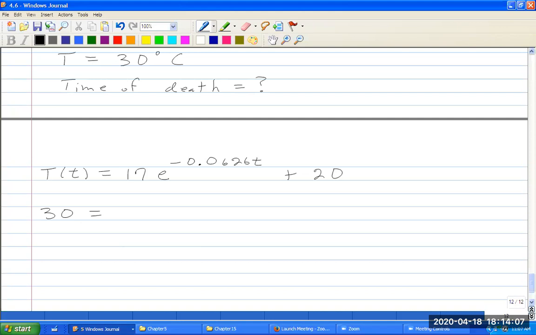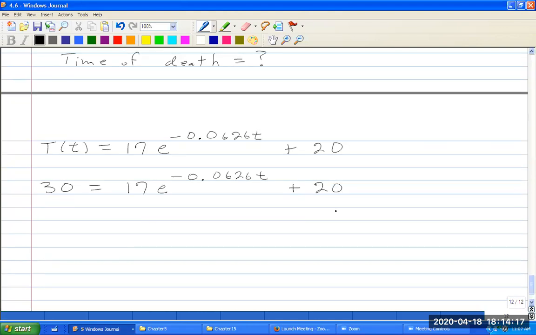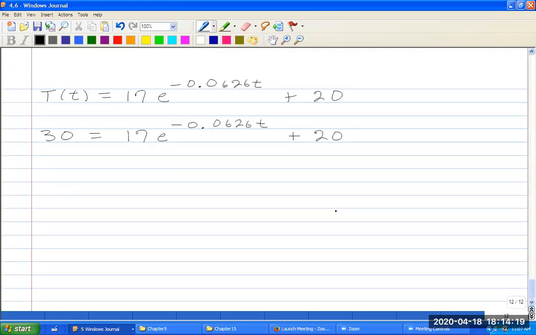Okay, so this is 17e to the negative 0.0626t plus 20. Subtract 20 from both sides of your equation. Divide both sides of your equation by 10, so e to the negative 0.0626t is equal to 10 over 17.